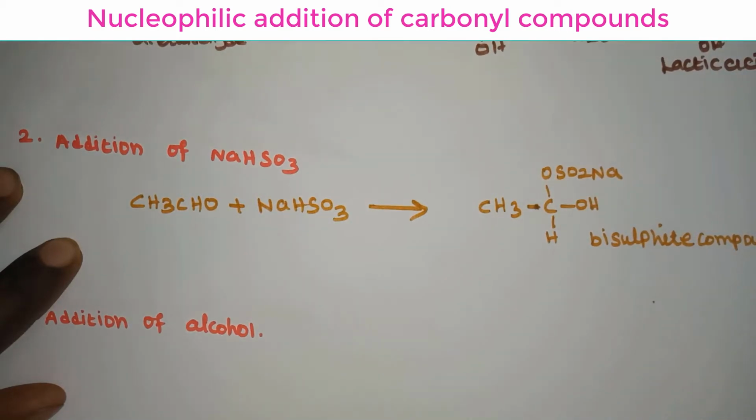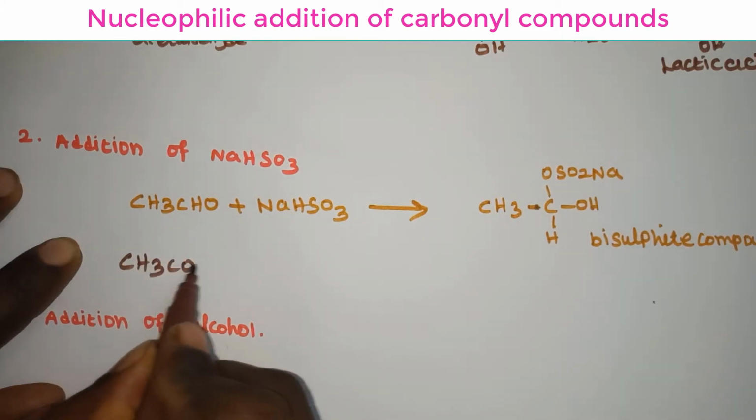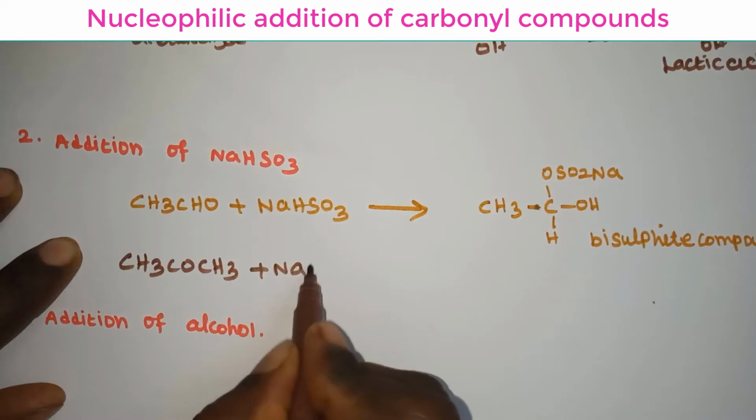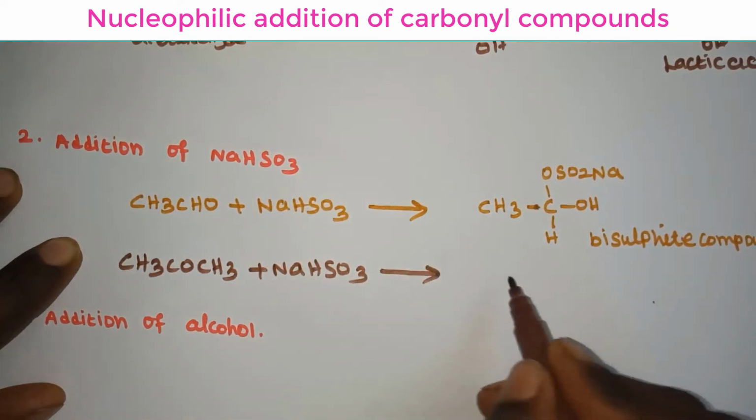Another example, acetone, CH3COCH3. This is one of the ketones. It adds to sodium bisulfite to form a bisulfite compound.